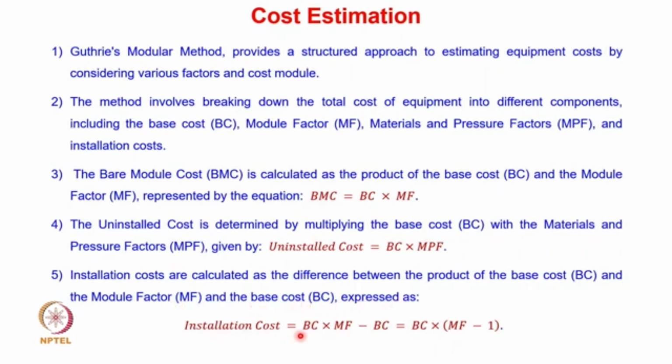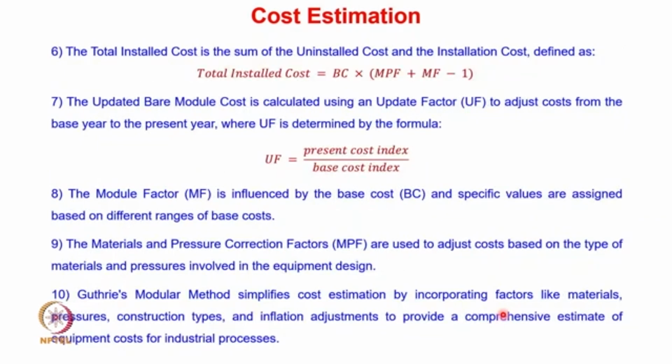So the installation cost can be represented as base cost times module factor minus base cost, that is, base cost times (module factor minus 1). The total installed cost is the sum of the uninstalled cost and the installation cost, and it is defined as the base cost times (MFP + MF minus 1).